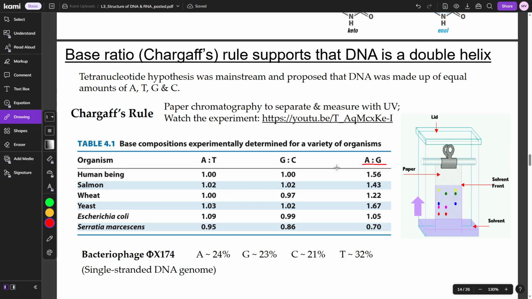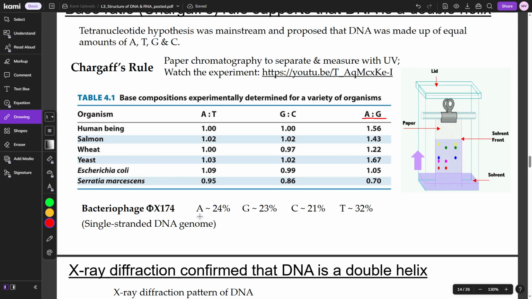The other thing you should know is that if you get these kinds of numbers where the ratios of A and T and G and C are not the same, like if G and C are not the same number and A and T are also not the same number, it means you have single-stranded DNA.